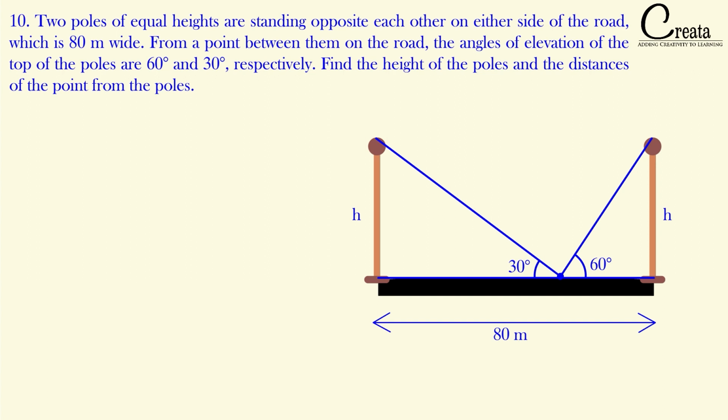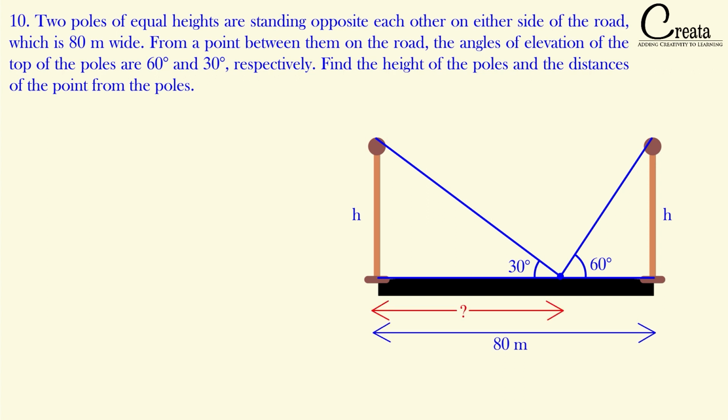And in the question we have to find the height of the poles, that is we have to calculate the length h, and also we have to find the distance of the point from the pole. It means we have to find this distance and also we have to find this distance. So this is the scenario given in the question. Let's approach the question.